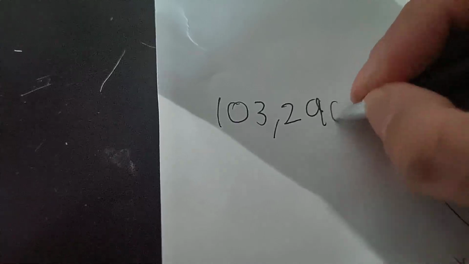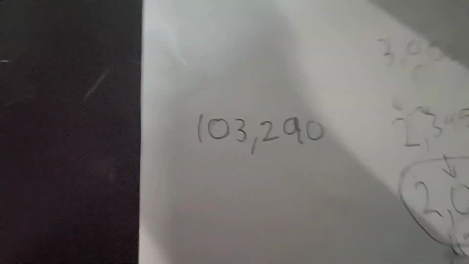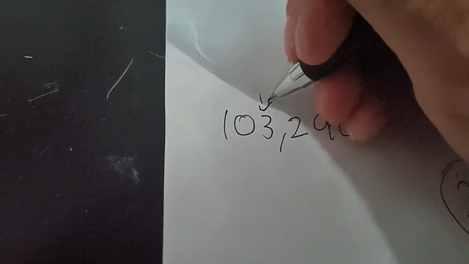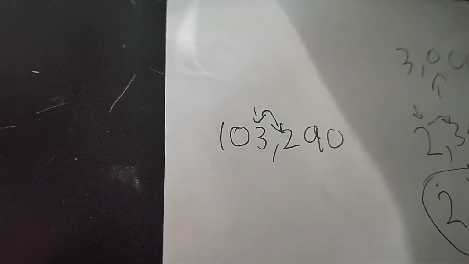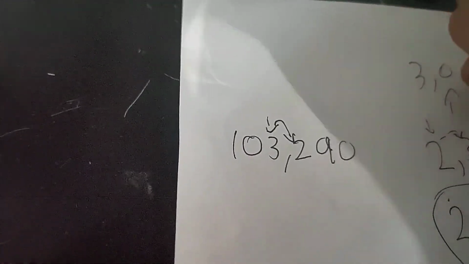One more example. Let's say we have 103,290. What is this rounded to the nearest thousands? Well, let's look at the thousands place, this one. Let's look at the one before the thousands place, the hundreds place, this one. And let's say, well, is it 5 or higher, or is it 4 or lower?